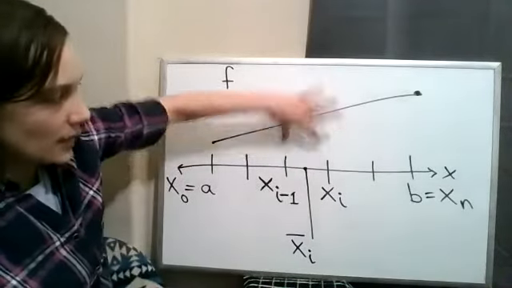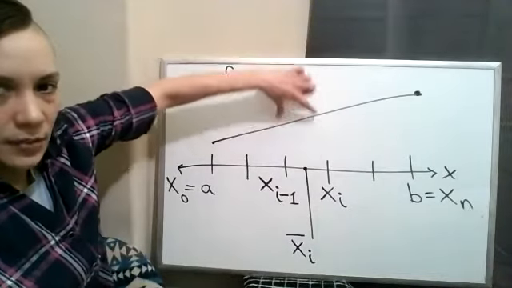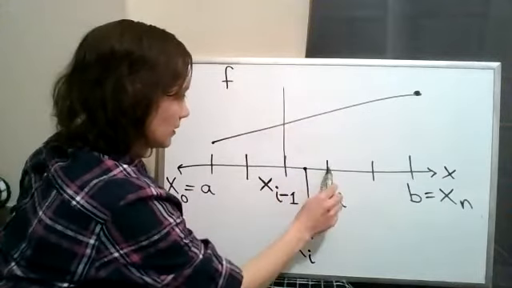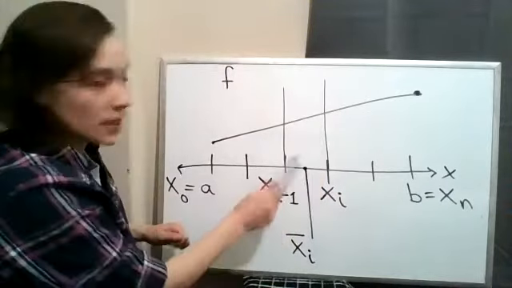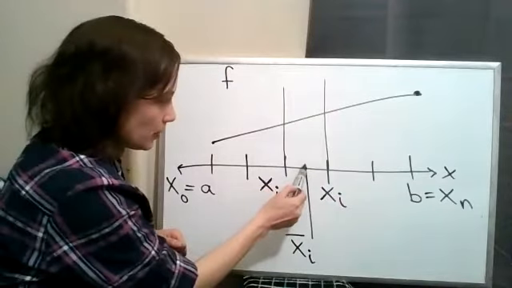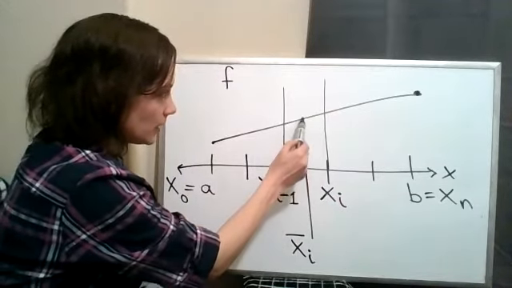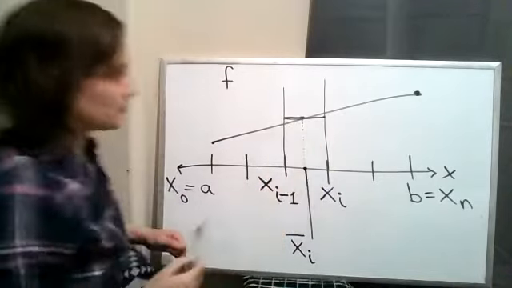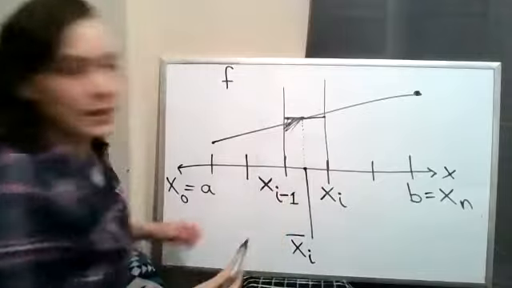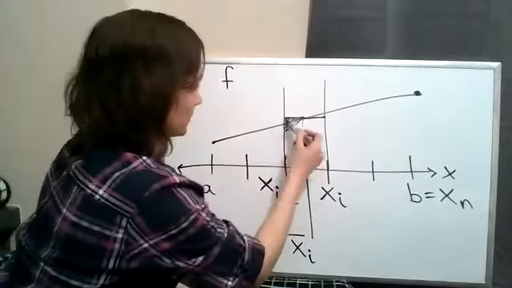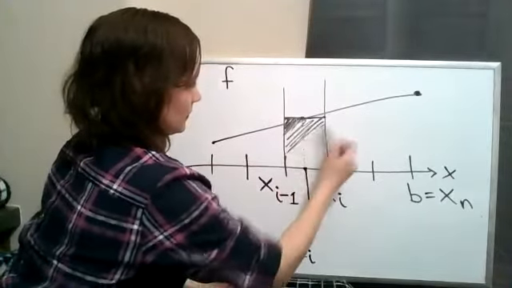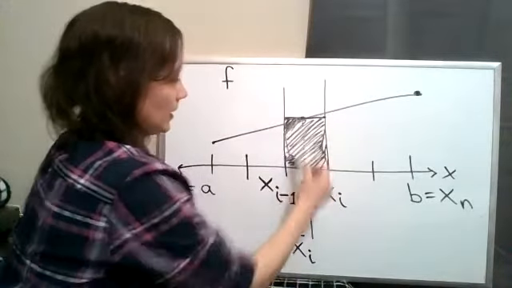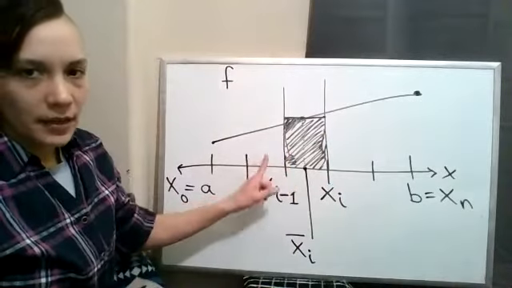We're going to make a rectangle from x sub i minus 1 to x sub i, and use the midpoint for the height. So take that midpoint up to your function, and from there go straight over and across. Then we'll find that area and add it to the area of the other rectangles.